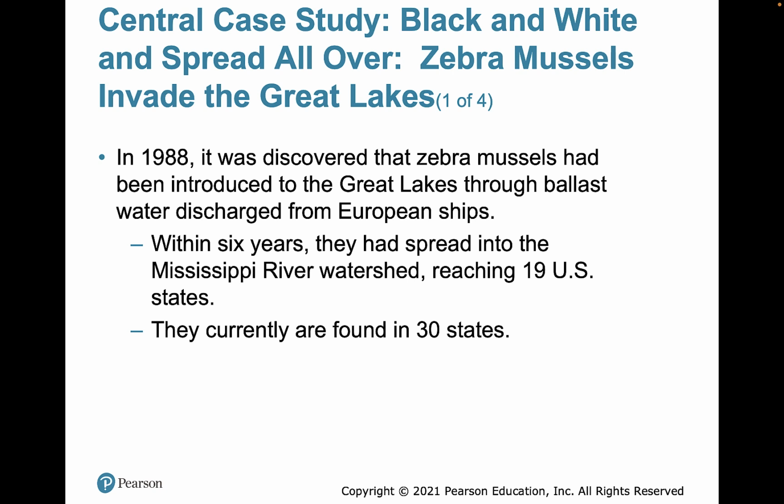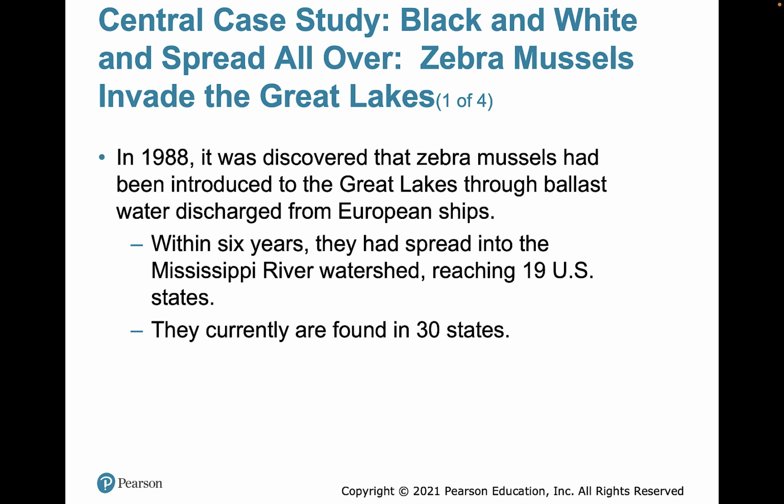So the more cargo they have, the less ballast water they need. That allows them to not sink, or capsize, when they move into shallower or deeper water. So they came from ballast water that ships from Europe had discharged into the Great Lakes.